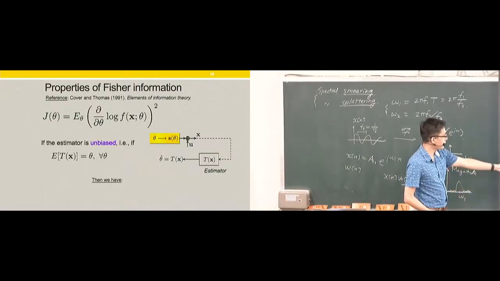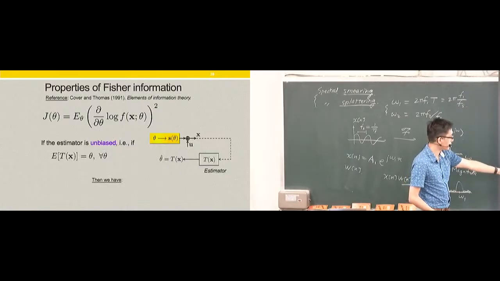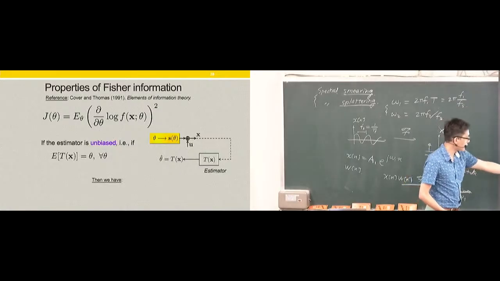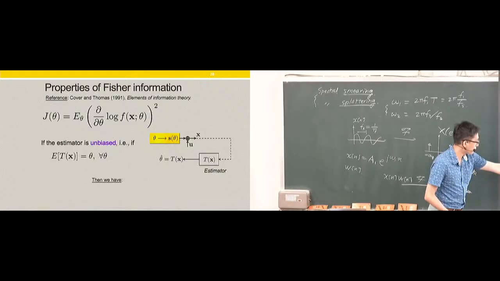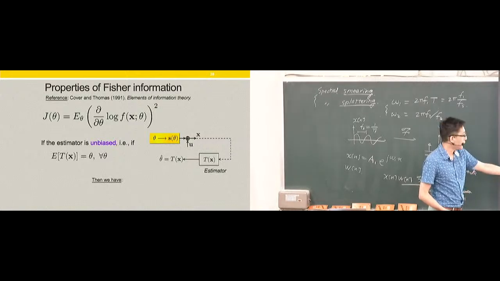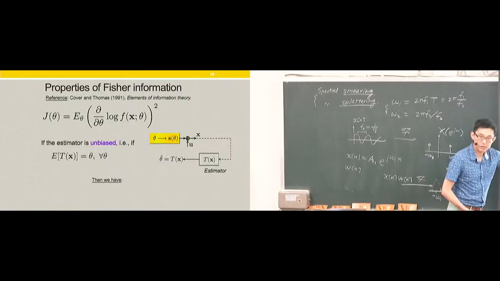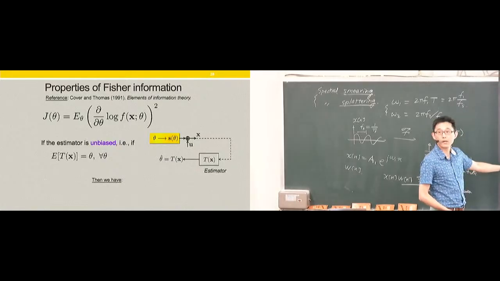If your estimator is unbiased, let's say you estimate theta, you construct an estimator, and depending on X the result may be different, but however you get the result, the expected value is always equal to theta itself. If this can be guaranteed, we say the estimator is unbiased.